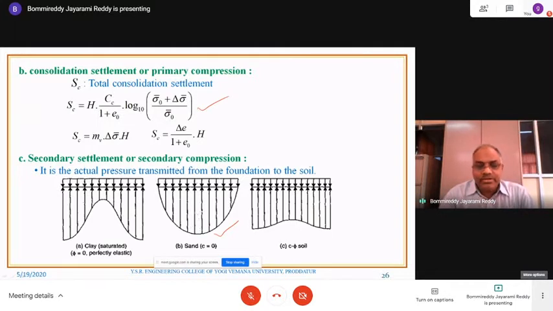Imagine that you are walking on sand or river sand where cohesion is zero. While walking, what about your footprints? Your footprint is such that more pressure will be at the center part and less pressure at the outer part of your foot.